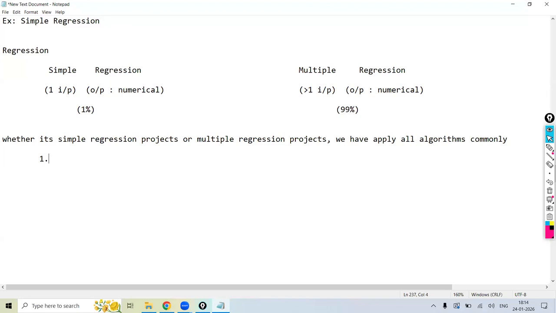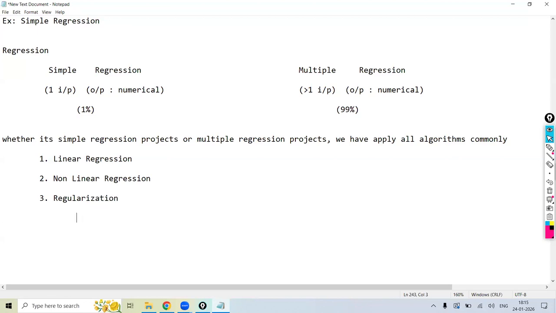The first one is linear regression. Commonly we have to apply linear regression. We already discussed what linear regression is. Second, non-linear. We already discussed it, but in detail we are going to discuss it in today's class. Third is regularization.